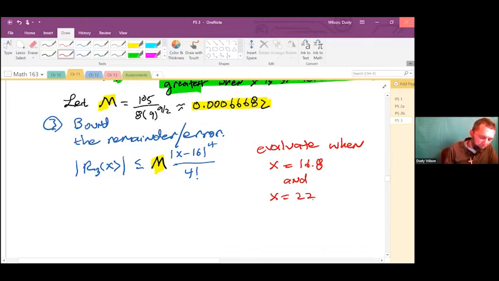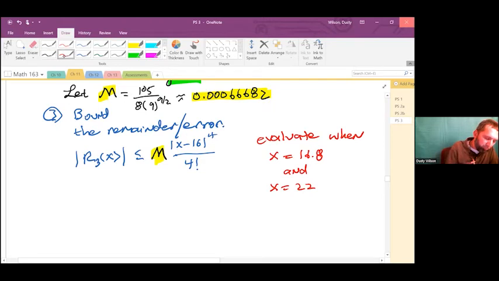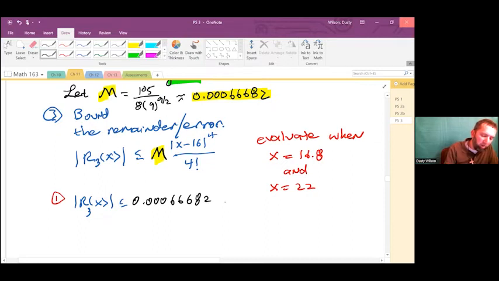So we look at these one at a time. We know that the remainder, that error, is less than or equal to 0.000668682 times, if we put in 16.8, the absolute value of 16.8 minus 16, all raised to the 4th power, all divided by 4 factorial.